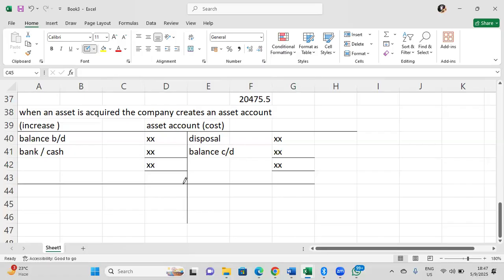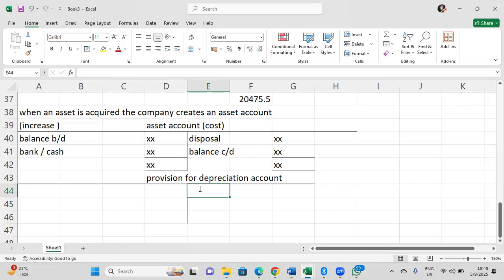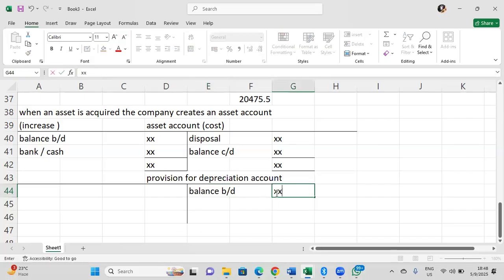The provision for depreciation account starts with the balance BD on the credit side.